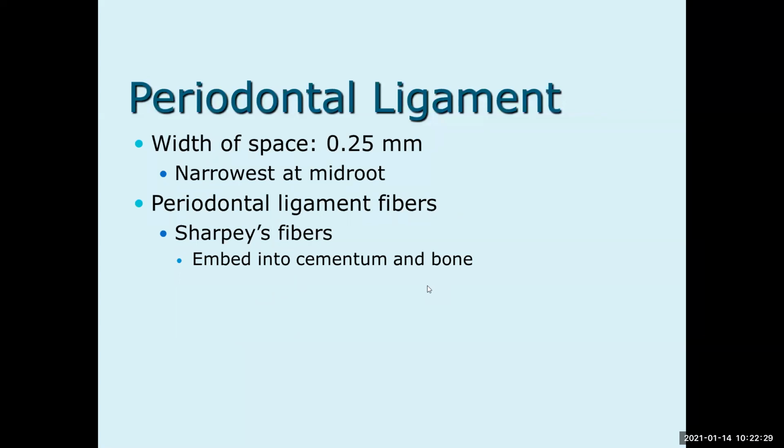The periodontal ligament space is about 0.25 millimeters. It's narrowest at the mid-root area. The periodontal ligament contains Sharpey's fibers, and those are the fibers that are embedded directly into the cementum and the bone.